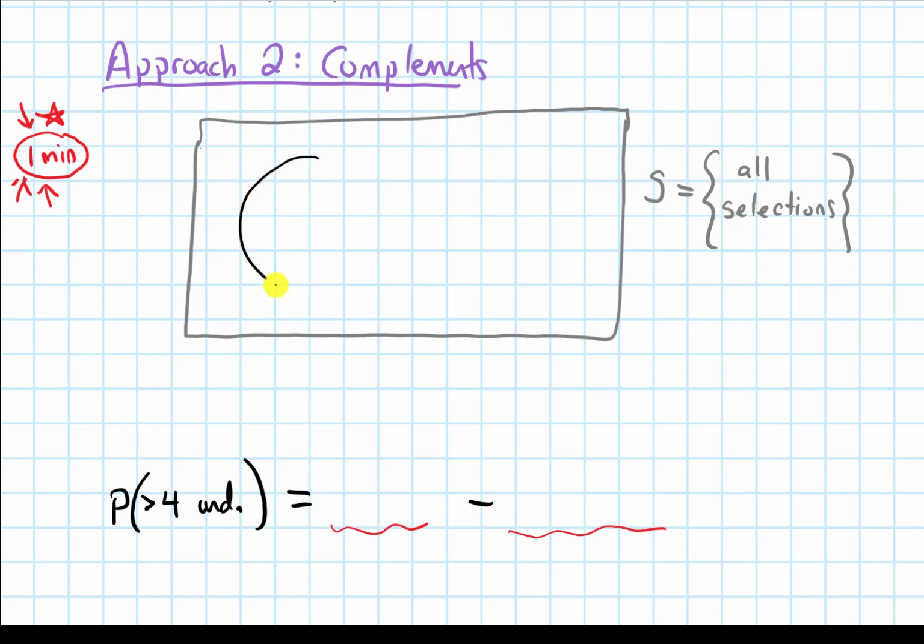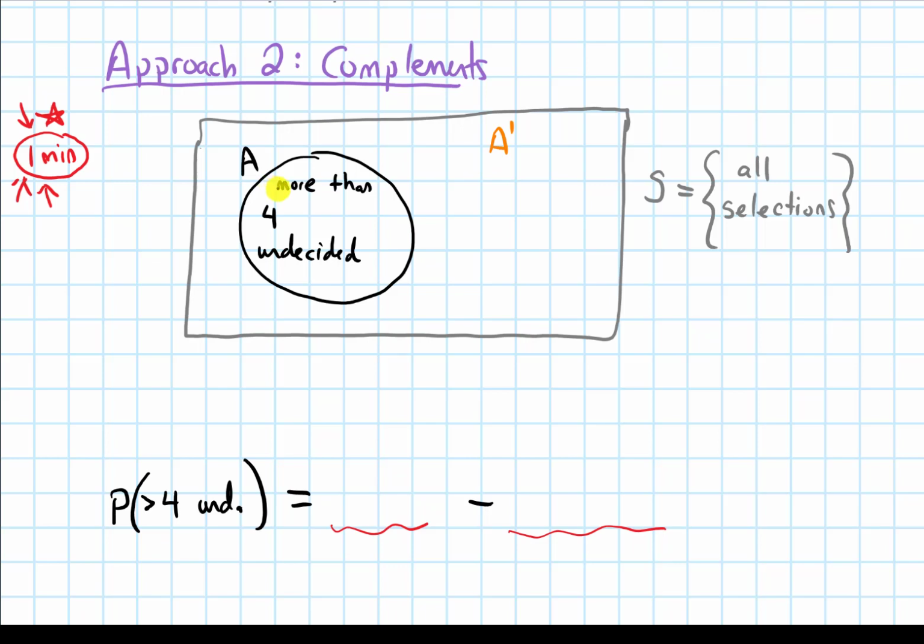And I'm going to draw a circle for the set that we care about, and I'm going to label this as A. So our set that we care about involves situations where we have more than 4 undecided voters.